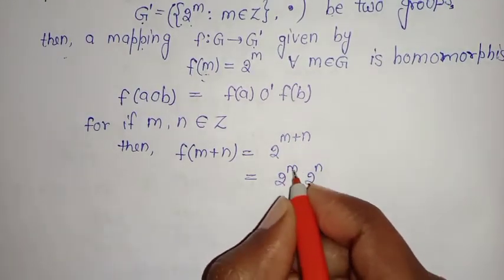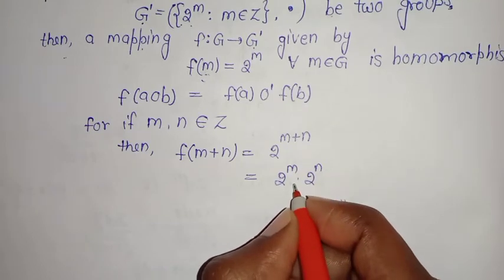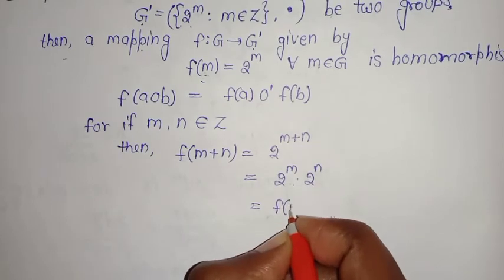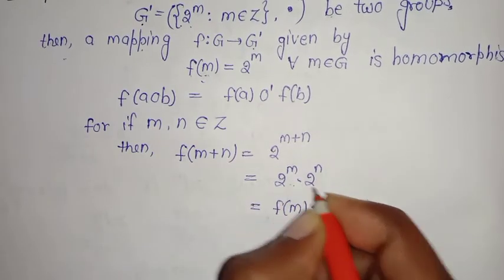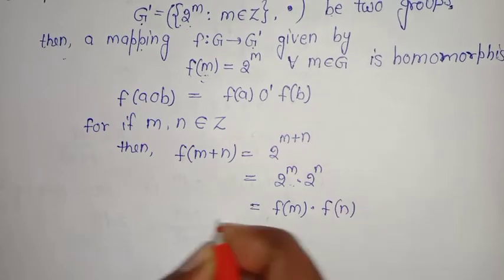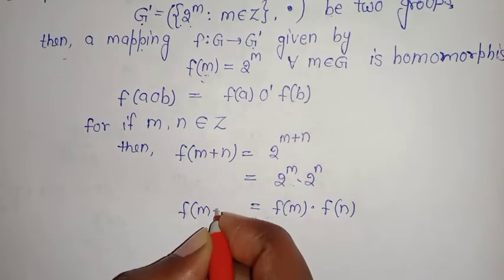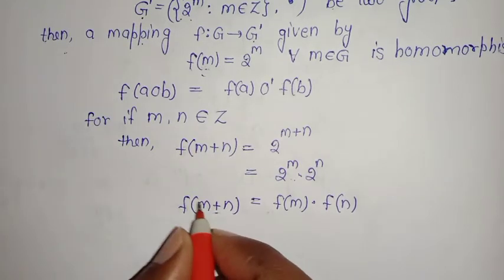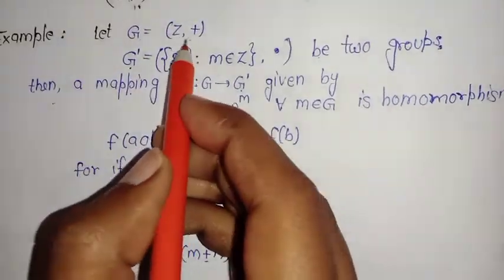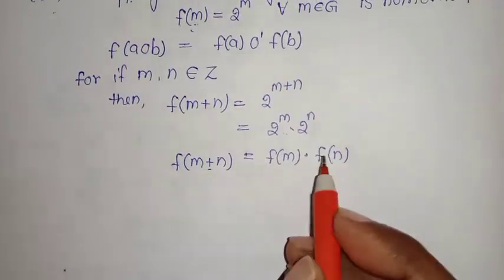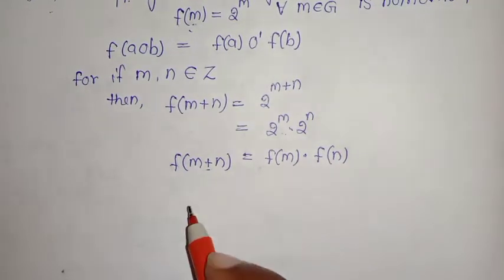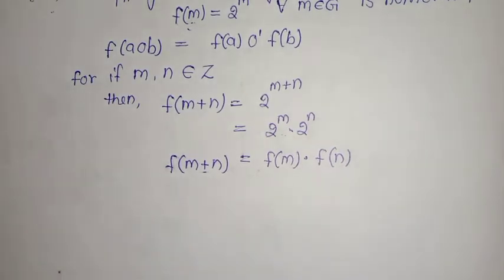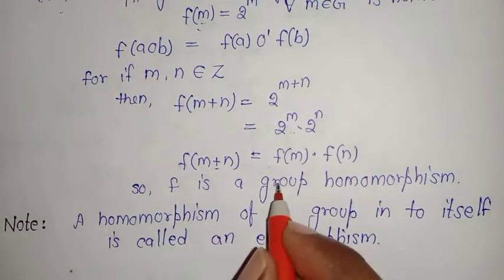According to the given function, this is f(m) times f(n). Now we see that it is preserving the group operation, because we took the operation of the first group, addition, and got the second group's operation on the right side. So the given function is a group homomorphism. So f is a group homomorphism.